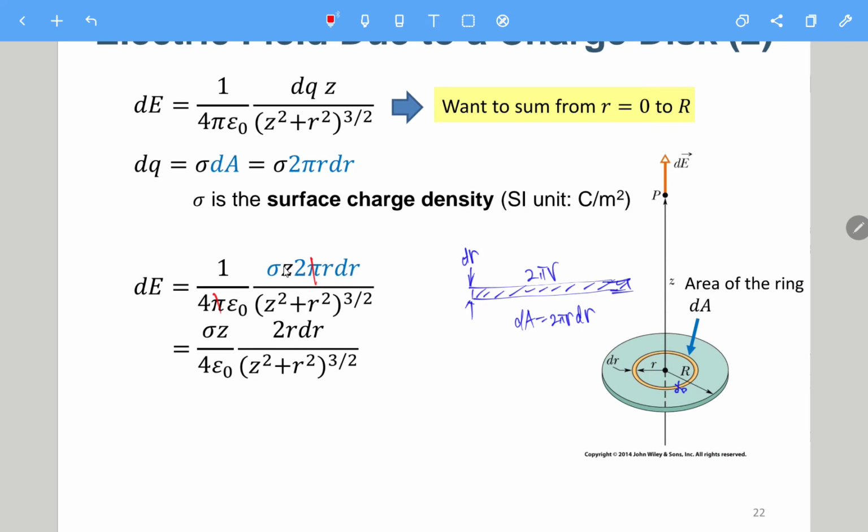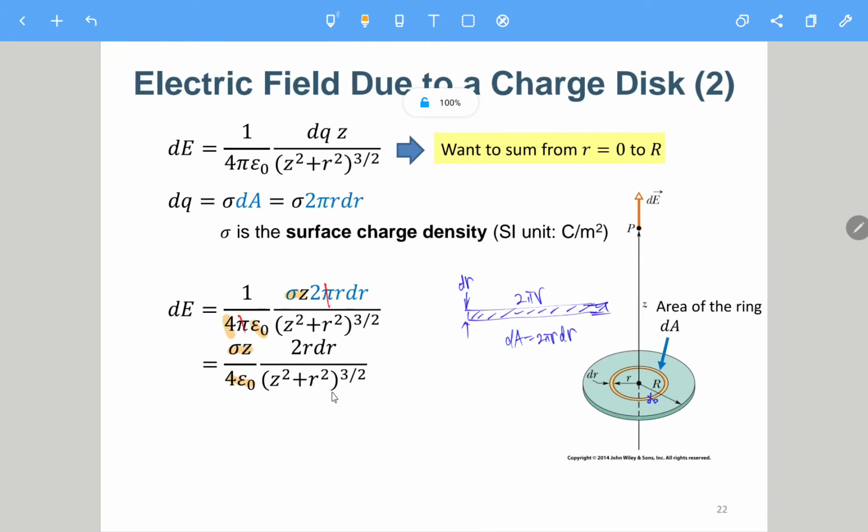And then we move z to the front because z is not related to r. So z is just a constant. So I just put z and sigma to the front, and then we have 4 epsilon naught here, and then we have 2r dr, and then we have this big term there. So like this.